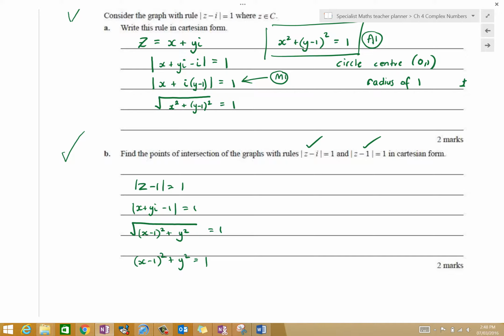So what I want to say is where they intersect, there's one equation. The other one is x squared plus (y minus 1) all squared is equal to 1. They're both equaling 1. So where do they intersect?